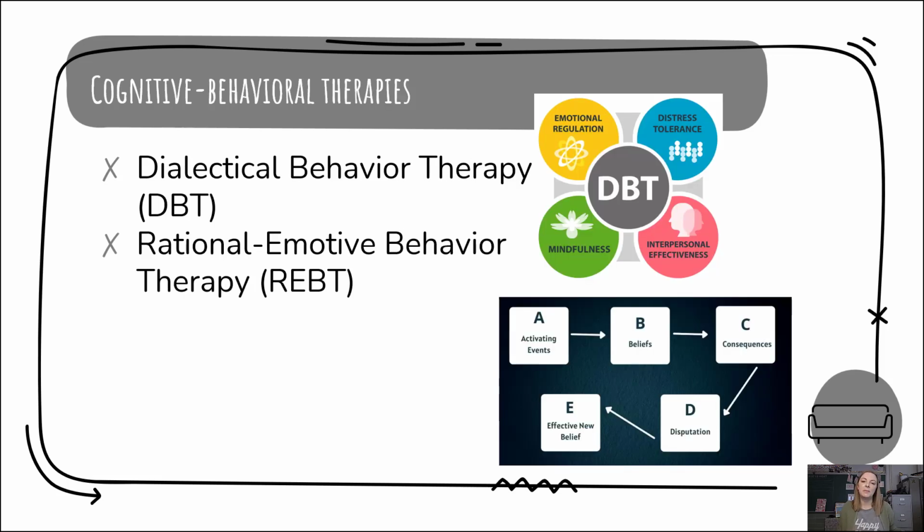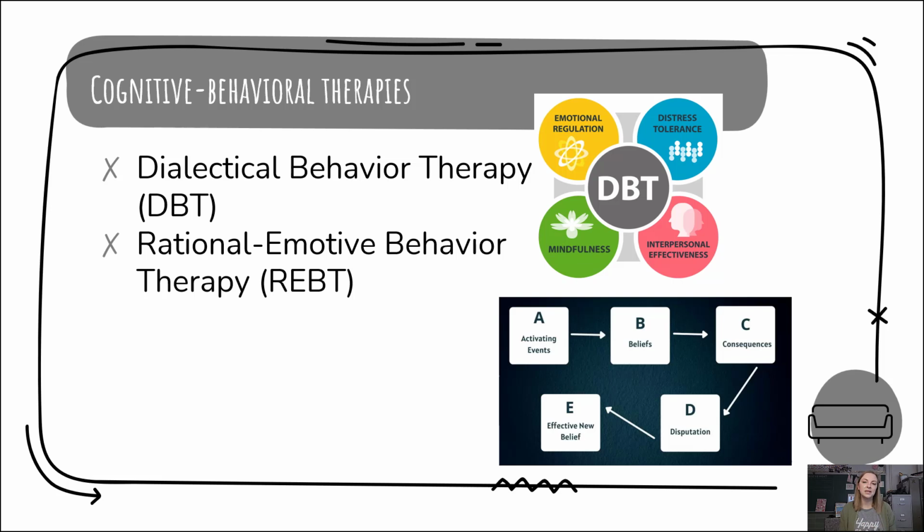Next, let's talk about the combination of cognitive and behavioral therapy, cognitive behavioral therapy, or CBT. This is a widely used evidence-based therapeutic approach that aims to change maladaptive thinking patterns and behaviors. CBT operates on the premise that cognitive distortions contribute to emotional distress and behavioral problems.